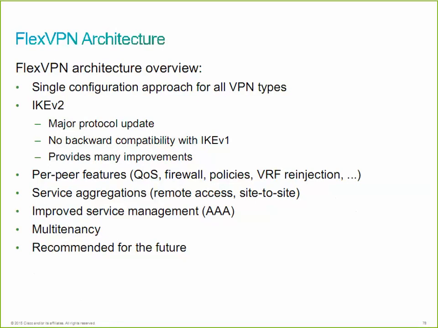All right? But it uses a modular framework for the implementation. All right? So we have tunnel interfaces that are backwards compatible with different legacy VPN implementations that might use crypto maps and so on.